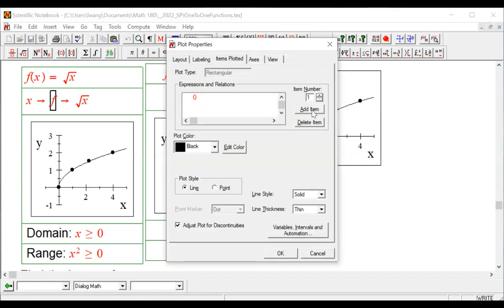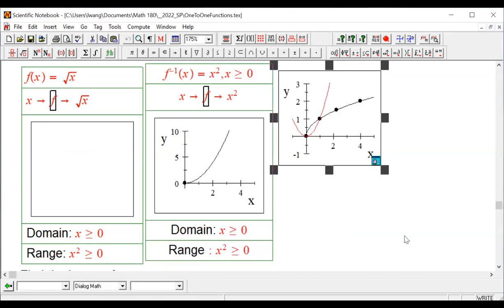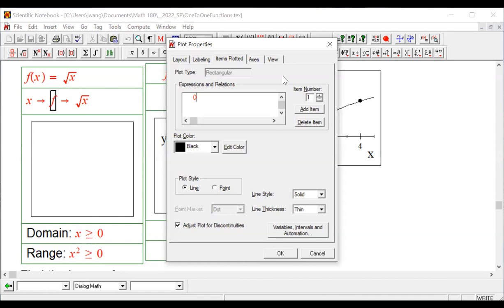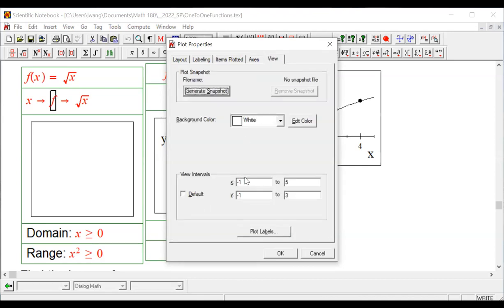That's its inverse. Make it red. Boom. We don't need the other red piece, so I need to chop it off.